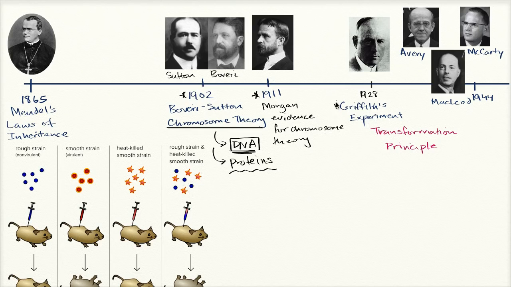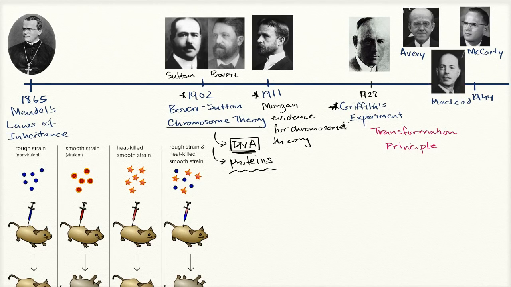His experiments, which he conducted and published in 1928, aren't responsible in and of themselves for establishing DNA to be the molecule that's actually the basis of inheritance. But they start an interesting path of inquiry where these gentlemen in 1944 are finally able to establish that DNA is where these heritable factors are actually encoded.